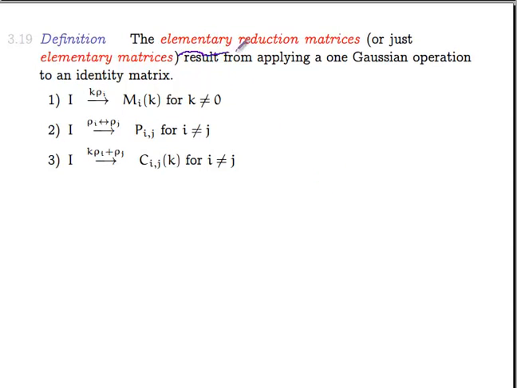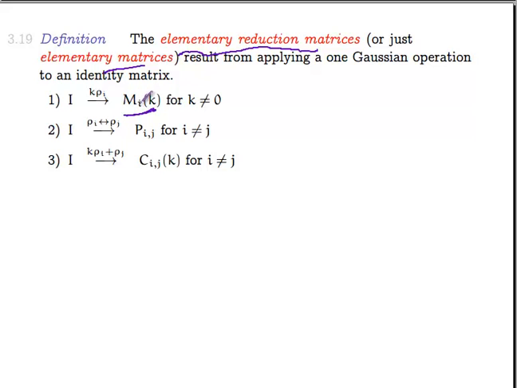The elementary reduction matrices, or just elementary matrices, result from applying a single Gaussian operation to an identity matrix. Okay? So if I multiply a single row of the identity matrix by k, then that's going to give me an elementary matrix of type M. Okay?